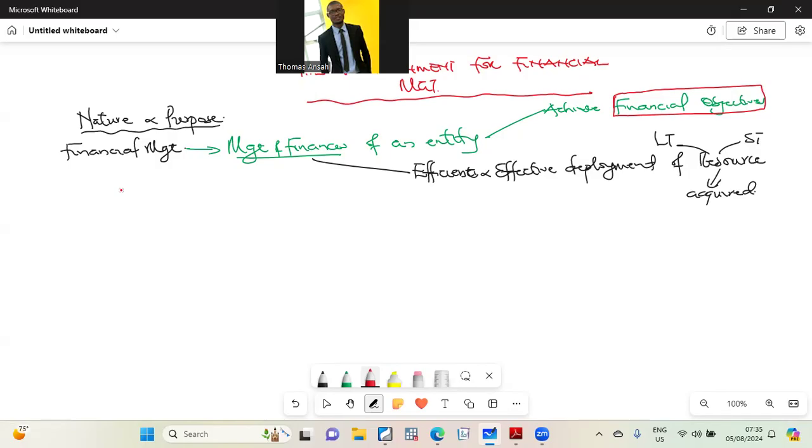What do you think is the sole objective of an entity? The underlying principle or assumption of an entity. Why do you think they exist? Yes, anyone? Yes, to make profit. All right. Yes, any other person?